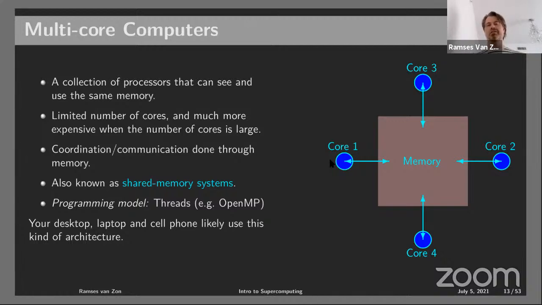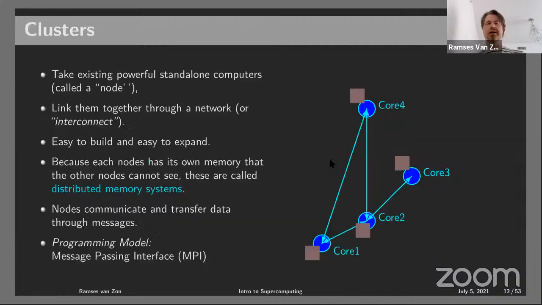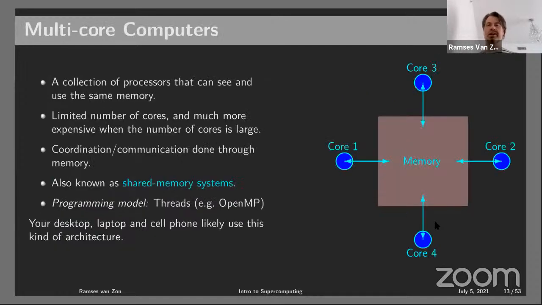So what you'll find often is that you get multi-core computers that become the nodes, and then they're combined with this cluster idea, but now every core here becomes a multi-core machine. So you now have to do both shared memory programming for what happens in each node and message passing interfacing to go across nodes.